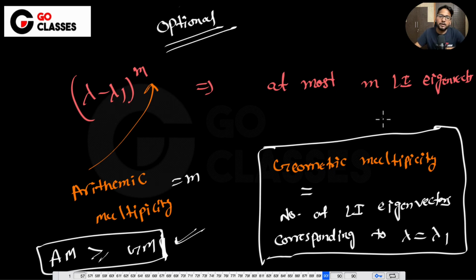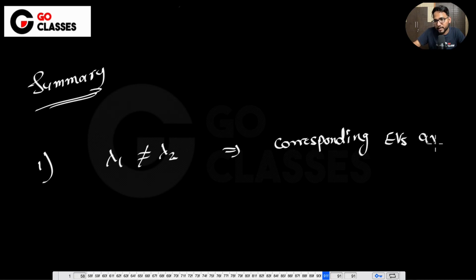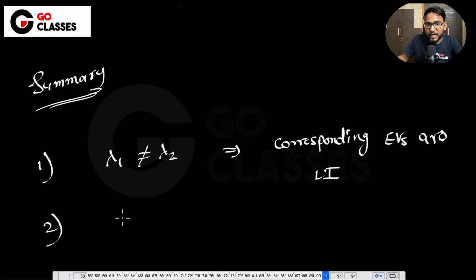Now we have covered one very important thing, which is that the number of linearly independent eigenvectors cannot be more than the power. Let me just summarize it. There are two statements. One is that if lambda 1 and lambda 2 are not equal, then the corresponding eigenvectors are linearly independent. Second statement is for repeating lambda.